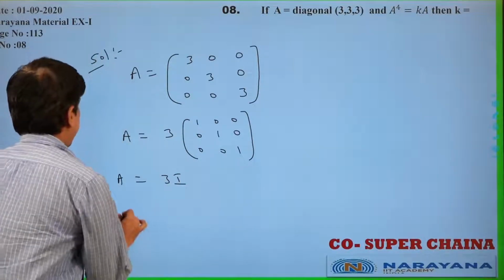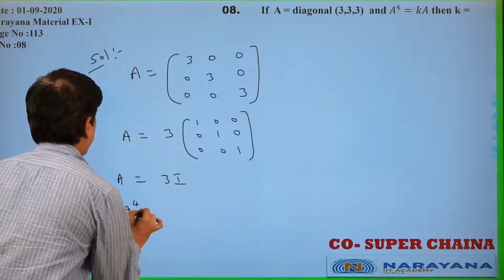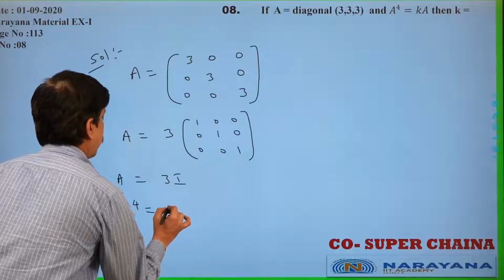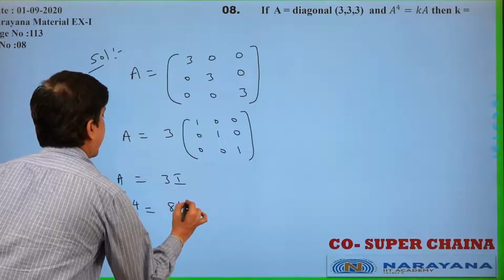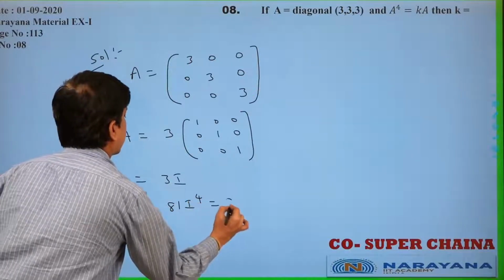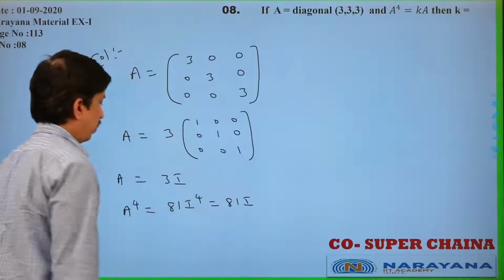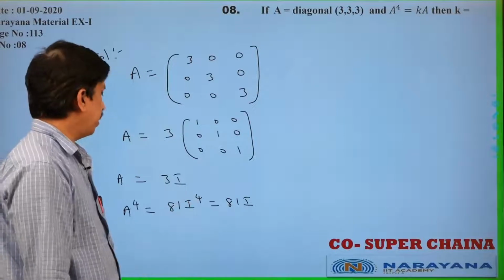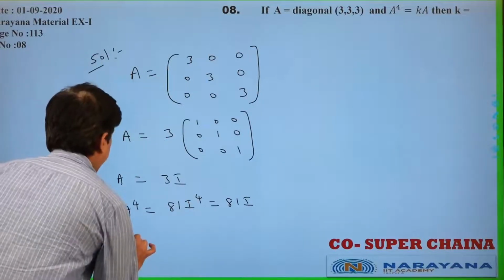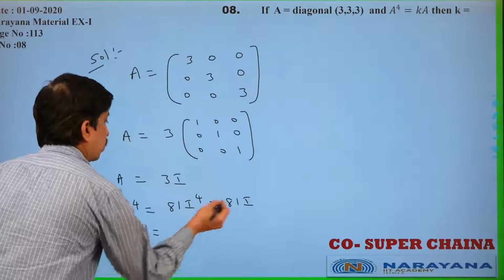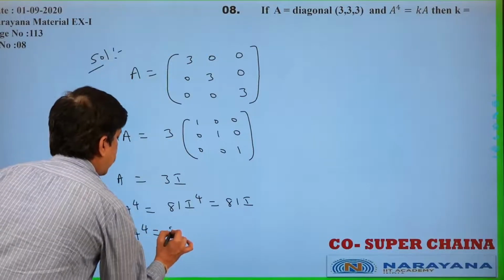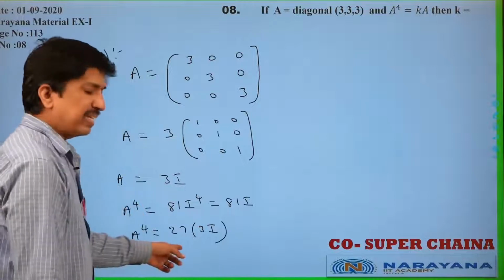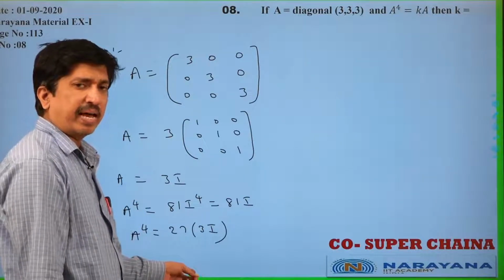Now I required A power 4. A power 4 equal to 3I power 4 means 81. I power 4, that is nothing but 81 I only. 3 power 4 is 81 only, I power 4 is nothing but I only. Now A power 4 is equal to 81I, can be written as 27 into 3I. 27 into 3I is nothing but 81I only.